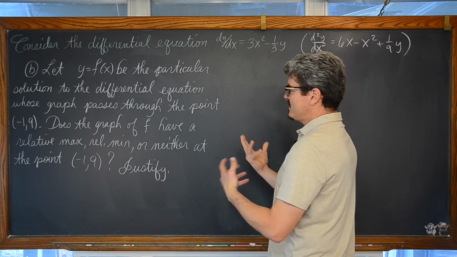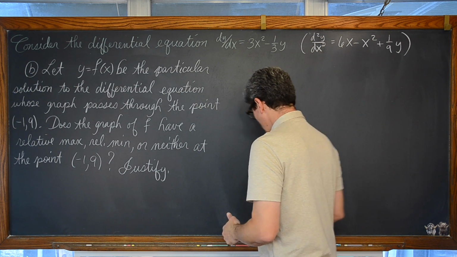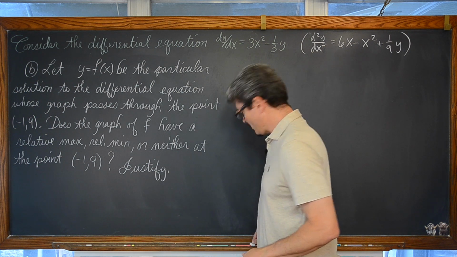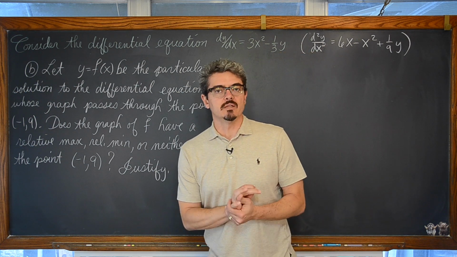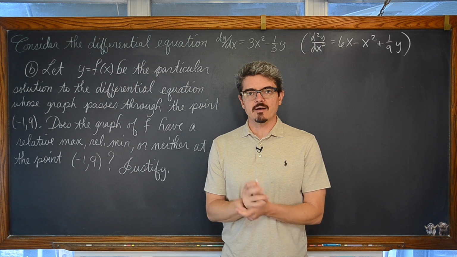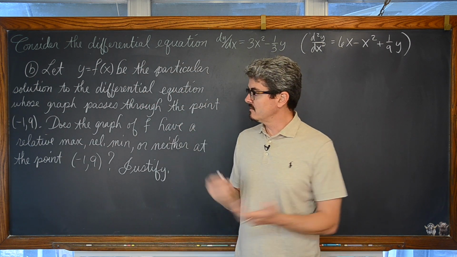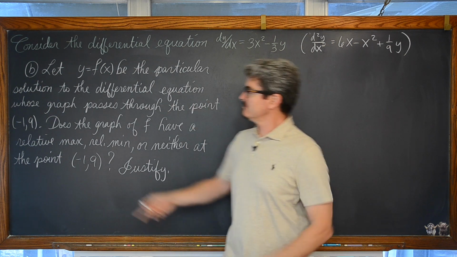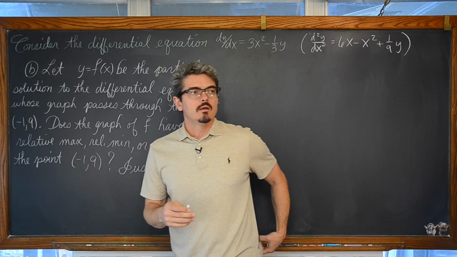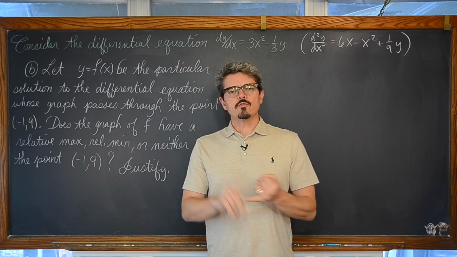Okay, so relative max and min. If you are asked to identify whether a function has a relative max or min at some given value of x, or in this case, because we're talking about an implicit equation, we have the entire coordinate, the first thing you should go to is the first derivative test.